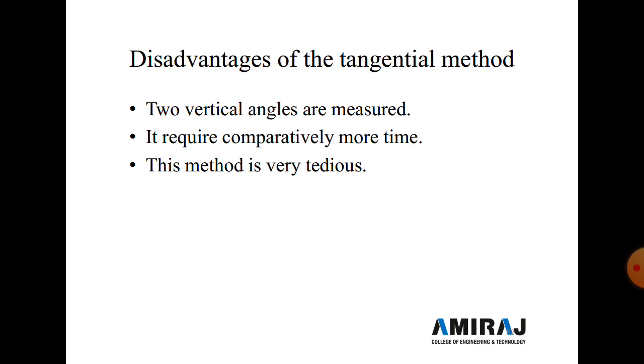Because we take two readings, we measure two angles, and we also require equations for finding the horizontal distance. And this method is very tedious, because in this method both angles must be measured perfectly. If we do not measure the angles perfectly, then after getting the reading, the result is different from what we expected.